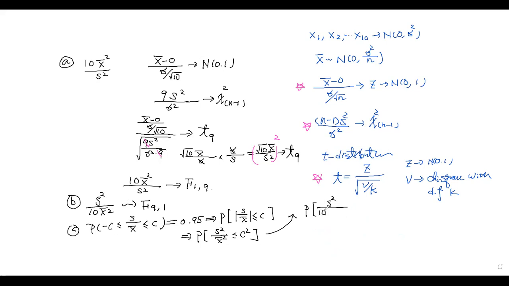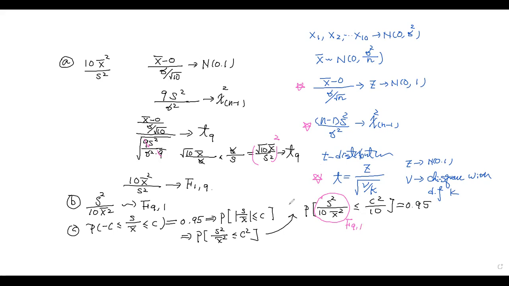So this will be C squared over 10, and this is equal to 0.95. And we just proved that this is the F distribution with degrees of freedom 9 and 1.